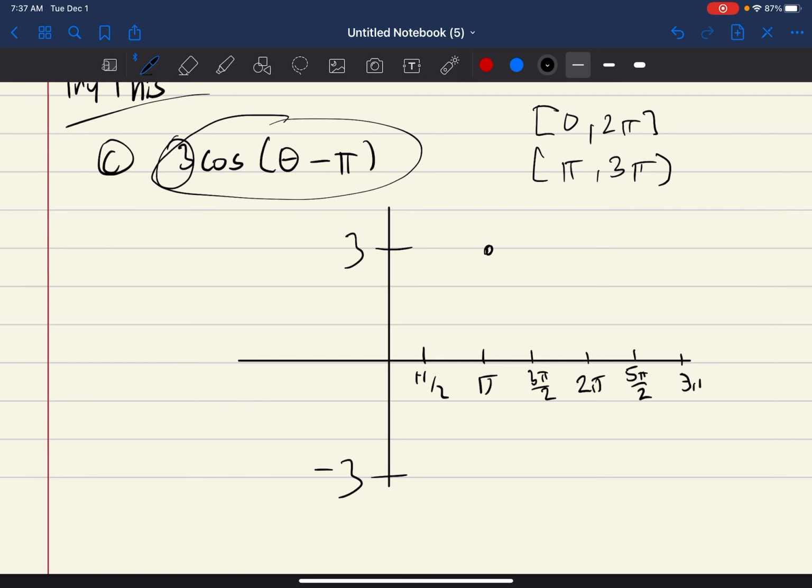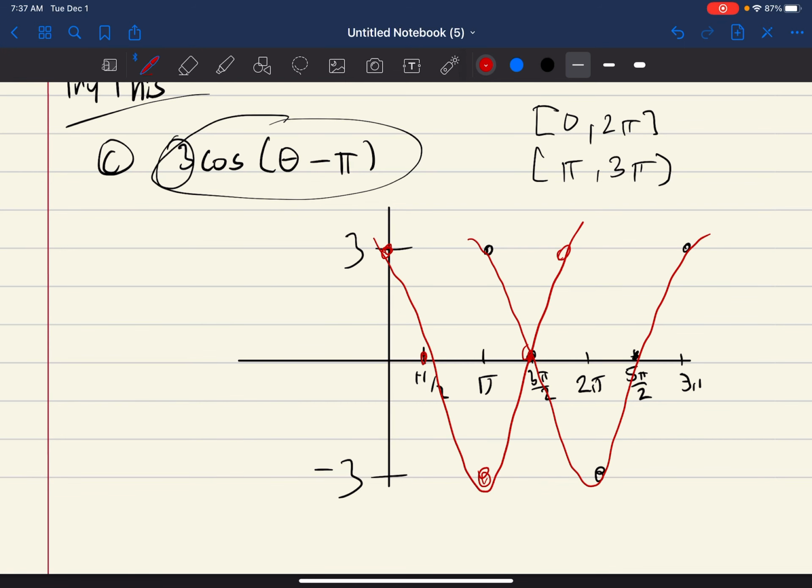And then, as I said, let's go back to the original, where it would be right here, right here, right here, like that. The original one's in red, and you can see that it just shifts by pi. You see that?